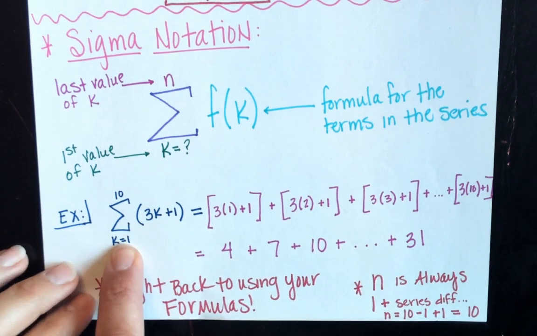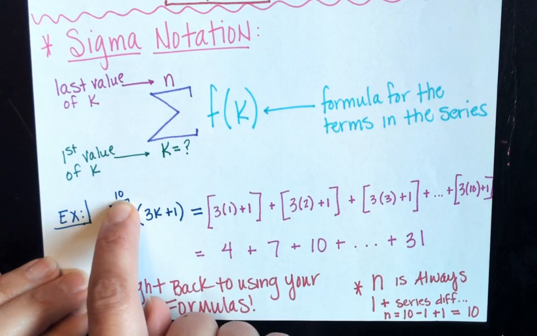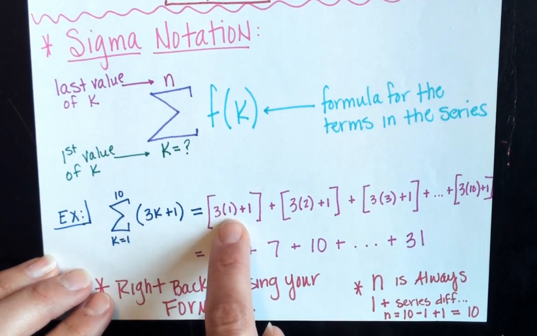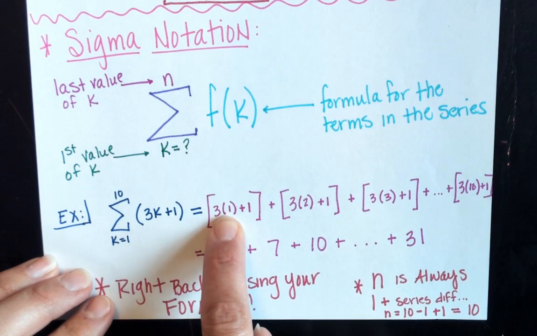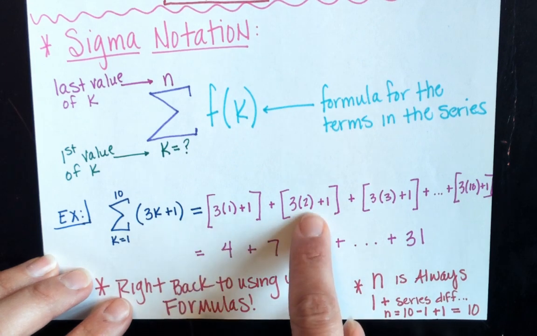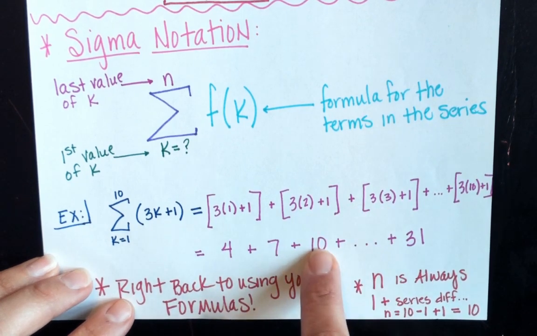So first term, A sub 1. Last term, A sub 10. And here's the formula that's going to actually give us the value in each of those places. So I plug in 1 because it's the first value. I work that out, I get a 4. I plug in 2. I work that out, I get 7. Plug in 3, I get 10.